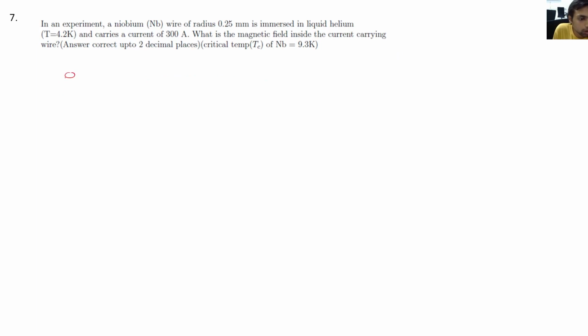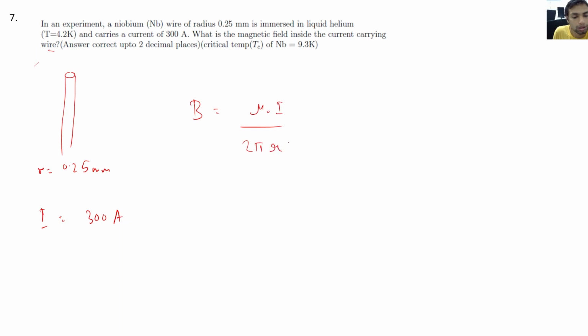So in this question, a neodymium wire of certain radius is given, 0.25 millimeter is the radius, and the current I is already given as 300 ampere, and it is just asking what is the magnetic field inside the current carrying wire. So all you have to do is B equal to mu 0 I over 2 pi r.